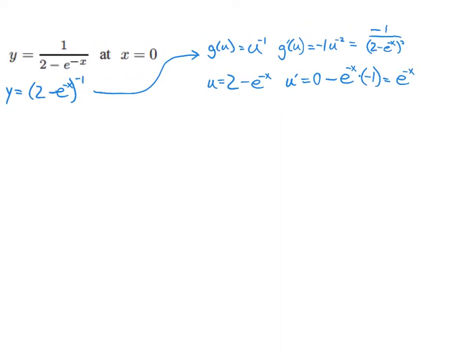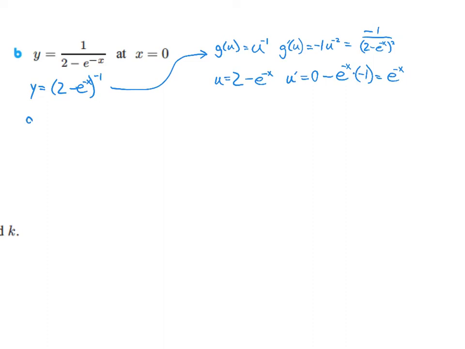So when I am simplifying here, dy/dx equals negative 1 over 2 minus e to the negative x, squared, times e to the negative x. I'm lost. It's just the chain rule. Our g prime of u is negative 1 over 2 minus e to the negative x squared, and u prime is e to the negative x.